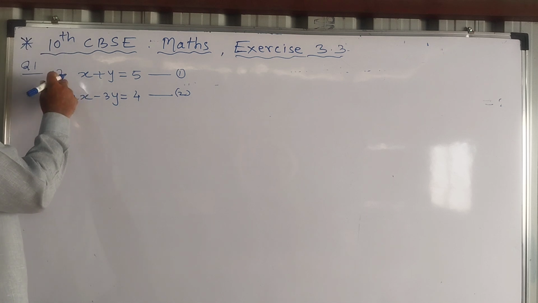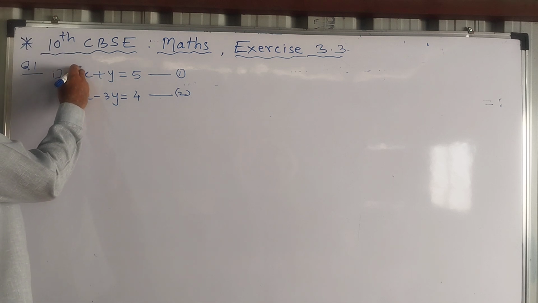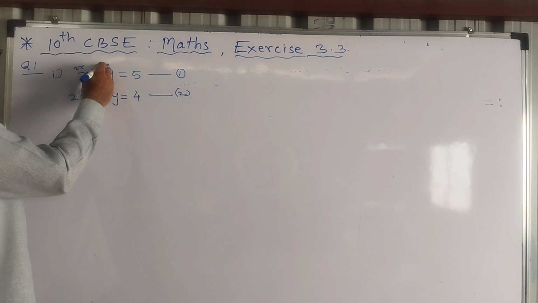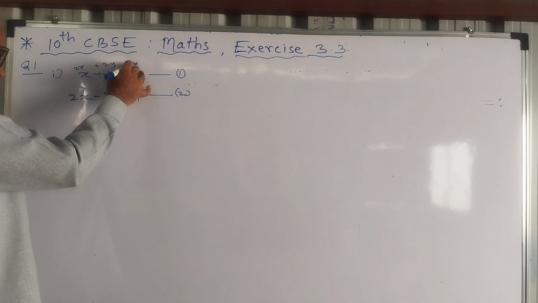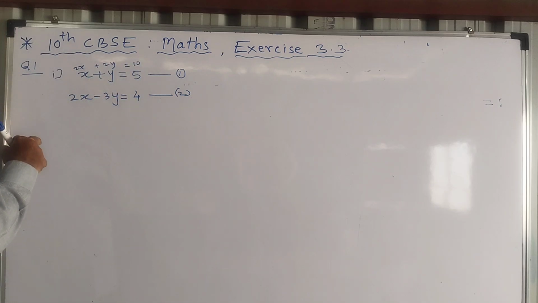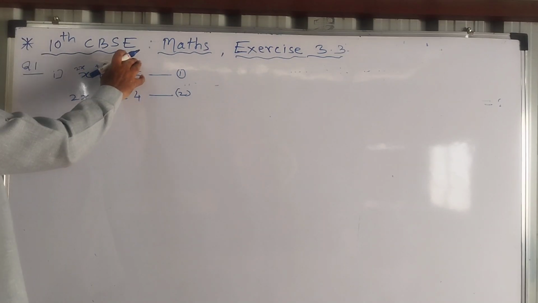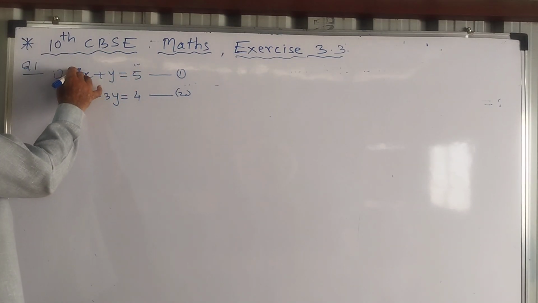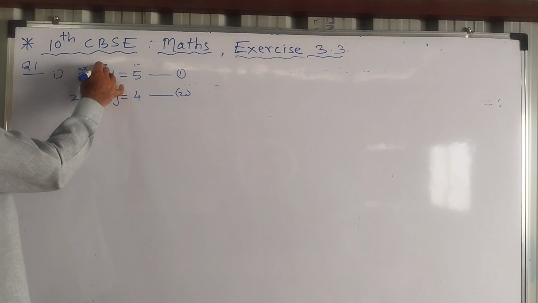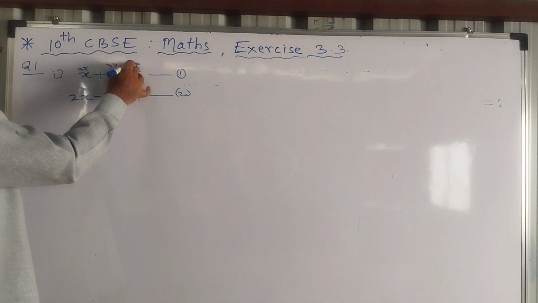If we multiply equation 1 by 2, it will be 2x plus 2y is equals to 10. But if you multiply equation 1 by 3, then it will be 3x, 3y and 15.